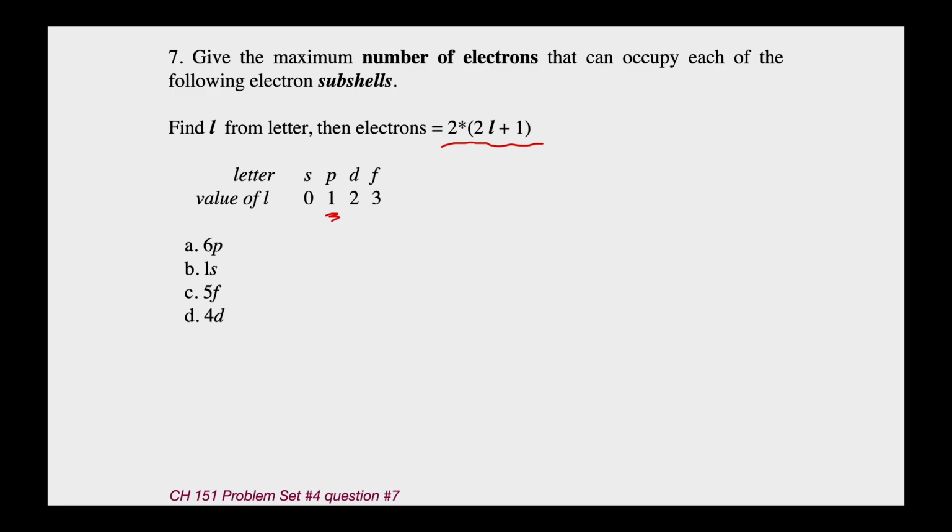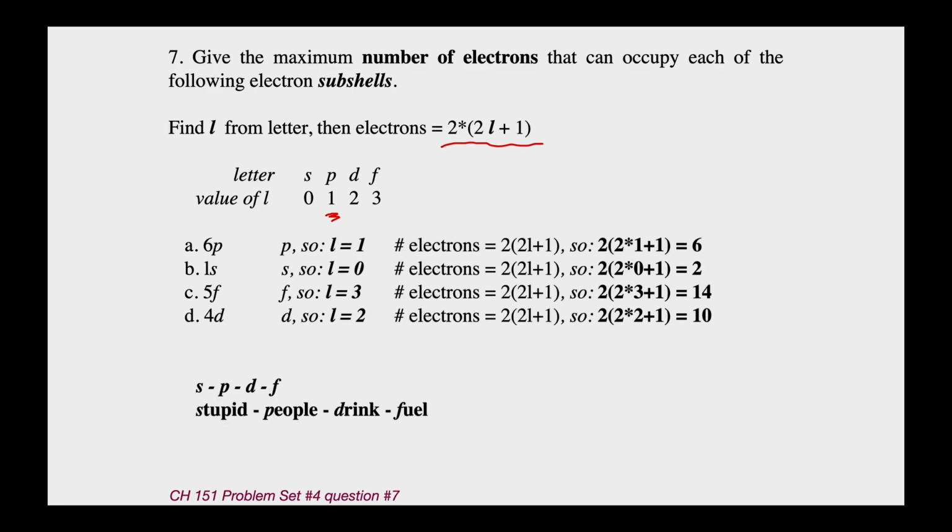So 2 times L, 2 times 1 plus 1 is 3, and 3 times 2, that's one way to see that you've got 6 electrons. And you can do that for S, you can do that for F, and D the same kind of way. This is a higher order kind of way. And we'll talk about this more in the 200 level.